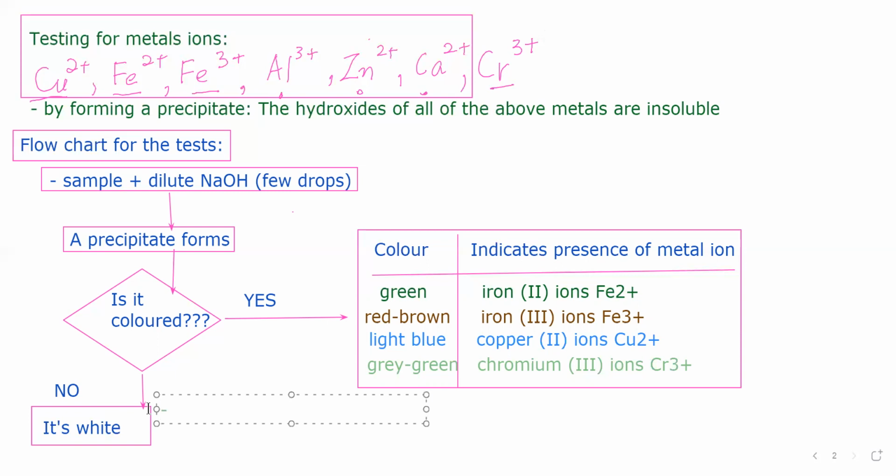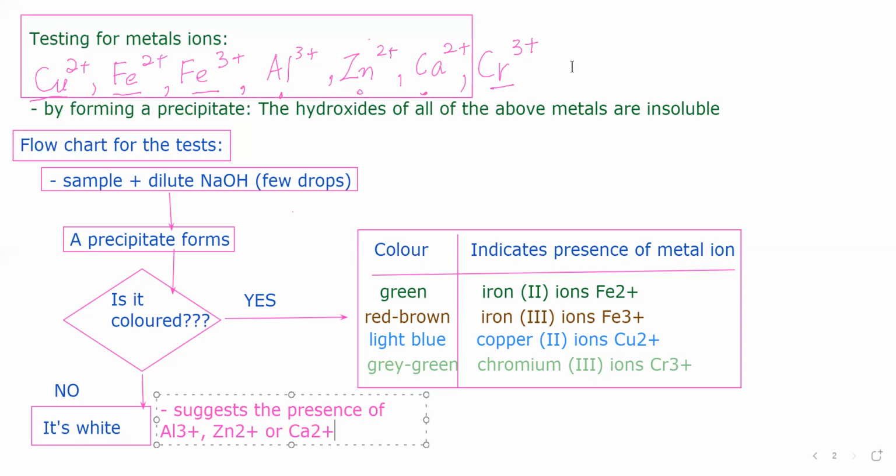I write here, let's take pink, suggest the presence of aluminium, Al3 plus, zinc 2 plus, and calcium, Ca2 plus.